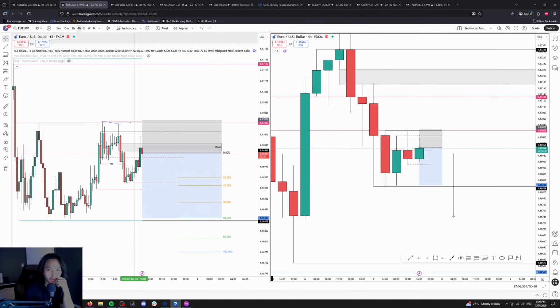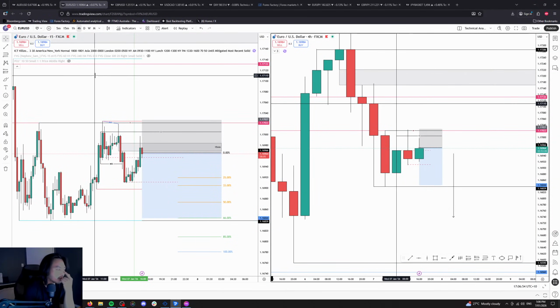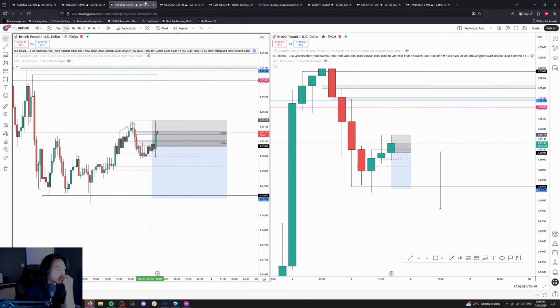I don't know what's going on with the price feed for FXCM, but I feel like this is going to gap because nothing's moving.